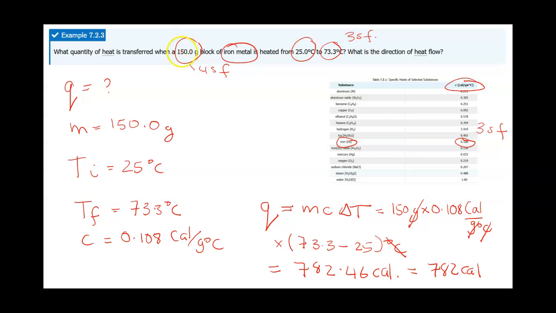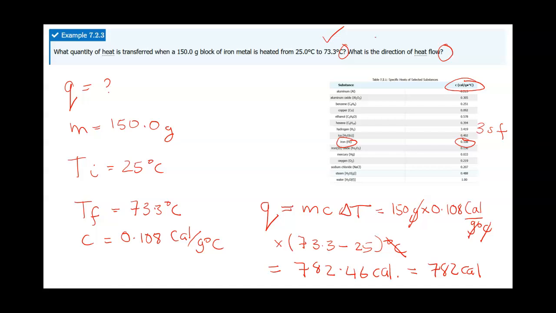Now, we want to be a little bit careful, because when I look at this problem, I see something interesting. I see that there are 2 question marks. So that means that I've got more than one thing to answer, right? Always look for the question marks. So we've got 1 question mark there, and we've done that bit. Now it says, what is the direction of heat flow?